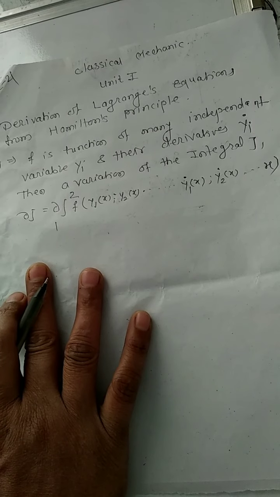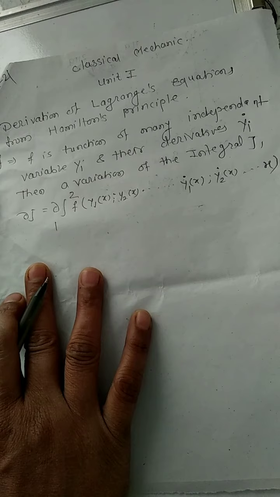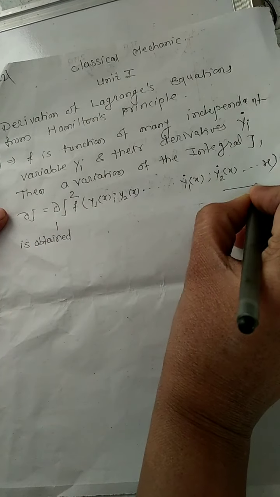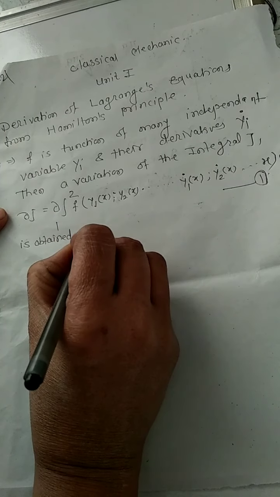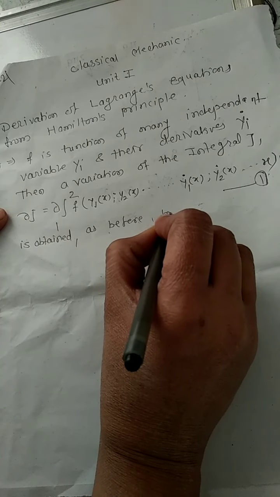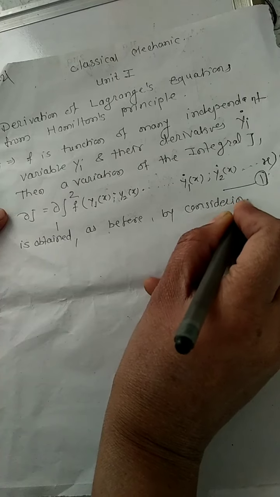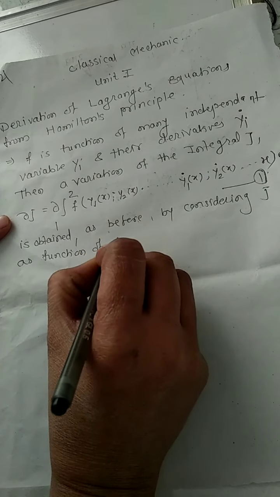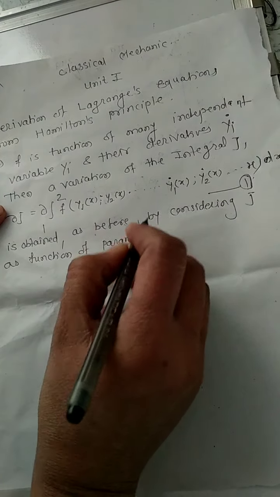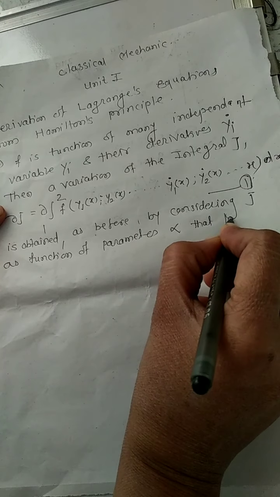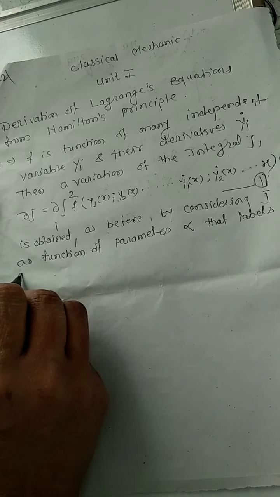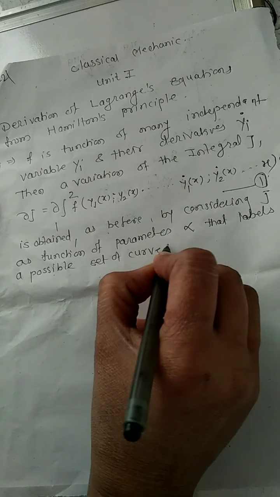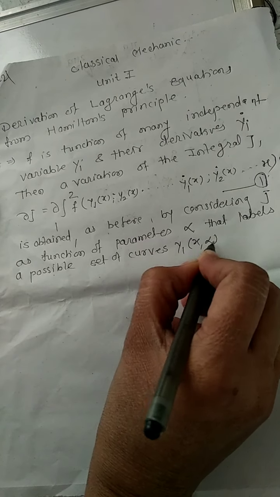This is equation 1. It is obtained as before by considering J as a function of parameter alpha that labels a possible set of curves y1 of x, alpha.